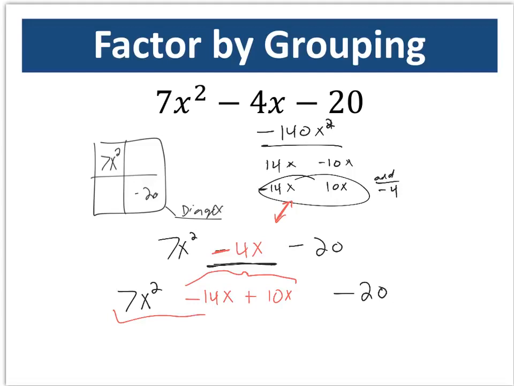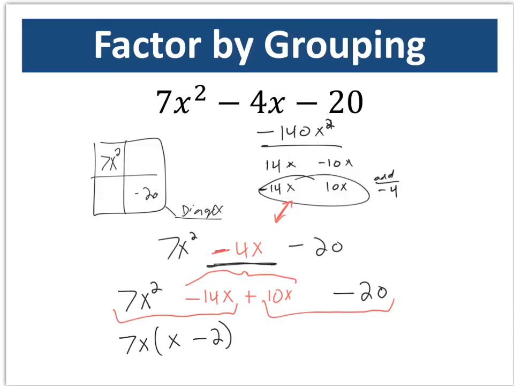And now I'm going to factor by grouping with these two things. I noticed that in this term here, 7 goes into 7x squared, 7 goes into 14x. They both have an x, so I'm going to pull out 7x, and I'm left with x minus 2.